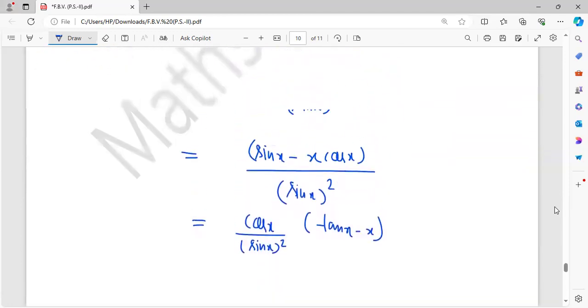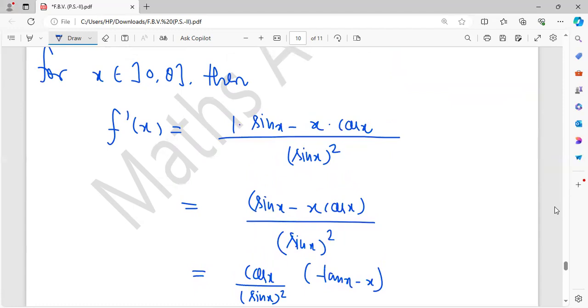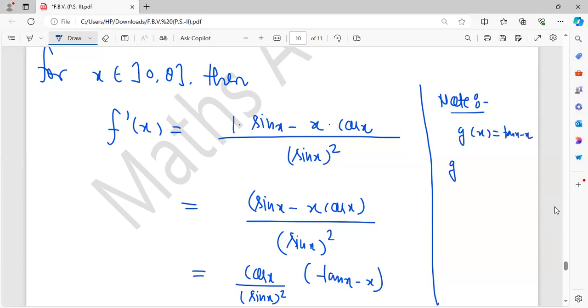So now you see that, if I am taking g(x) is equal to tan x minus x, then what is the derivative of this? This is sec squared x minus 1.